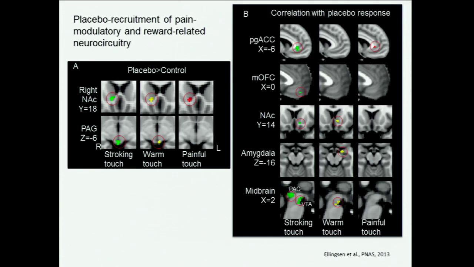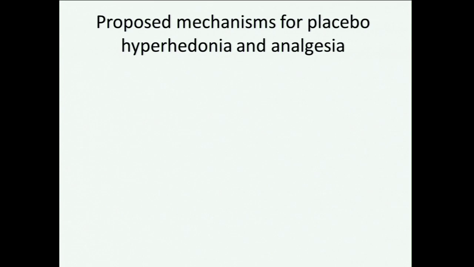We correlated the placebo response with BOLD activity, and there was a correlation in the ACC, orbitofrontal cortex, nucleus accumbens and midbrain for stroking touch, in the nucleus accumbens, amygdala and midbrain for warm touch, and in the ACC for painful touch.